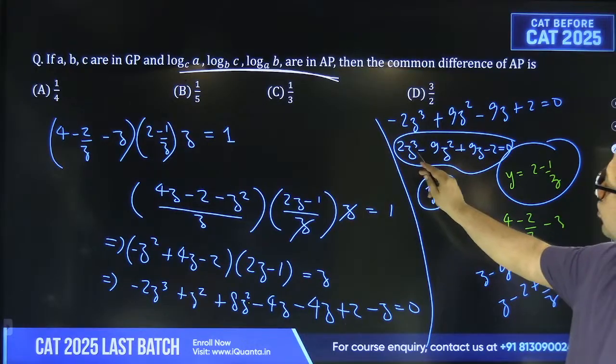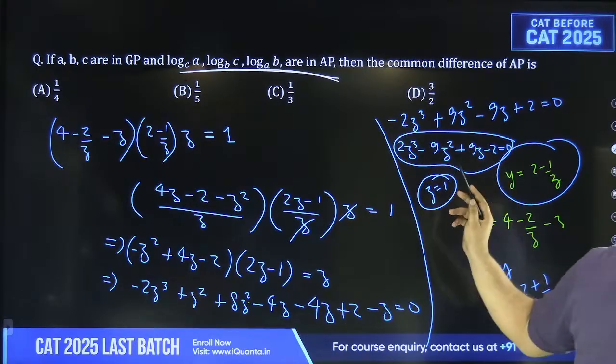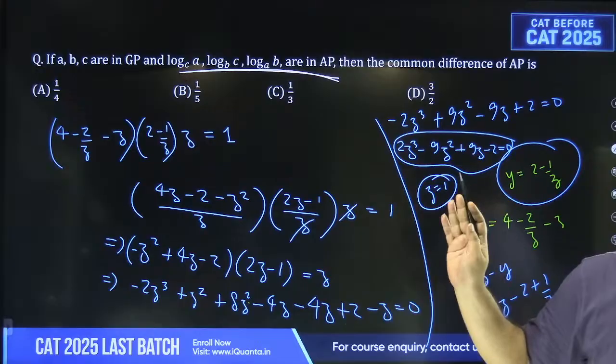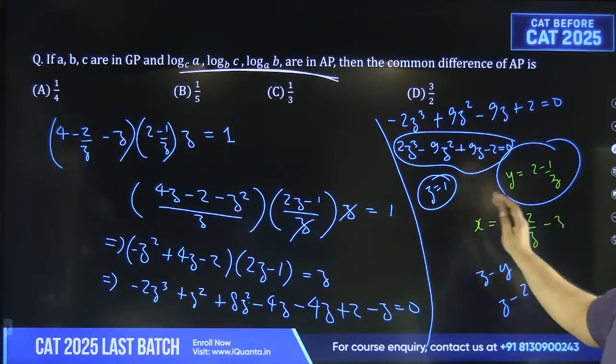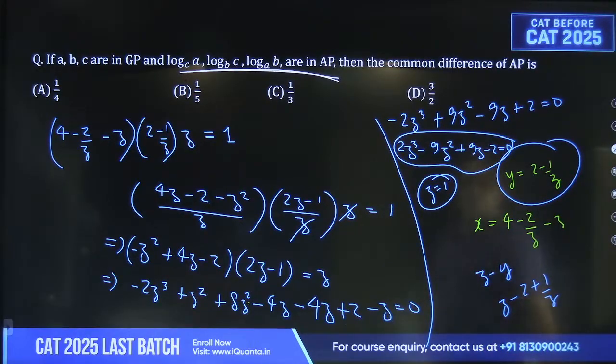Yeah? 2 minus 9 plus 9 minus 2. This is a technique: if the sum of all the coefficients is 0, then z minus 1 is going to be one of the factors. So z is equal to 1, and if I put it in place of y, I get y as 2 minus 1, so y equal to 1.